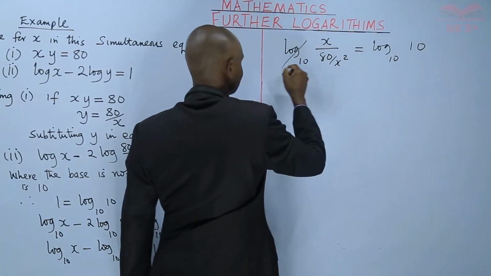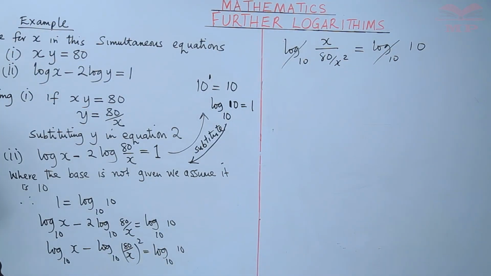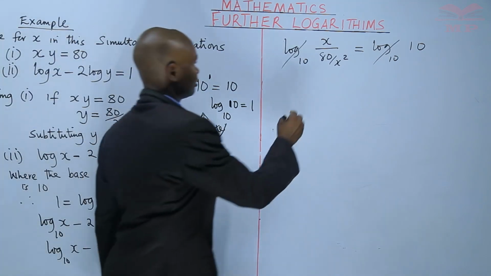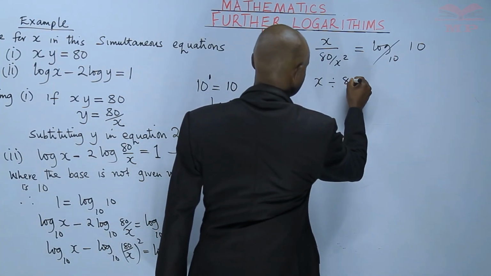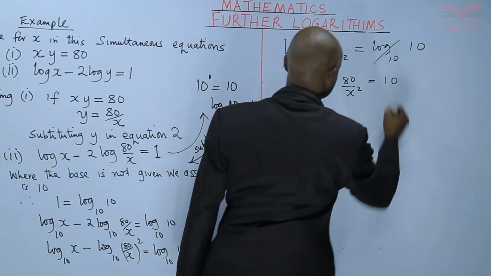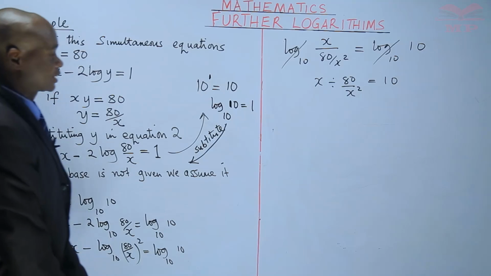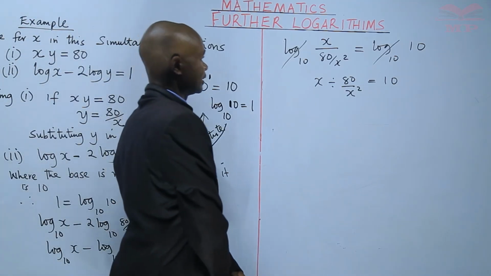So the log to the base 10 is common. That is common. So you'll have x divided by 80 over x squared is equal to 10.